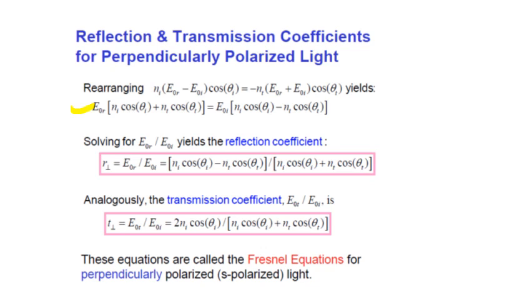Now, if we solve this for E0r upon E0i, this is called the reflection coefficient. How much is reflected, E0r upon E0i? Basically it is ni cos theta i minus nt cos theta t upon ni cos theta i plus nt cos theta t.